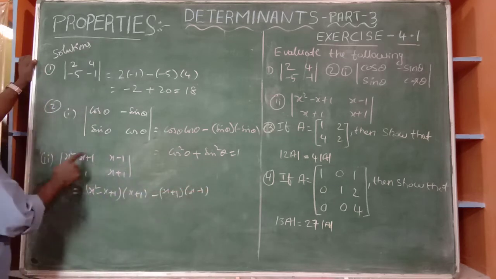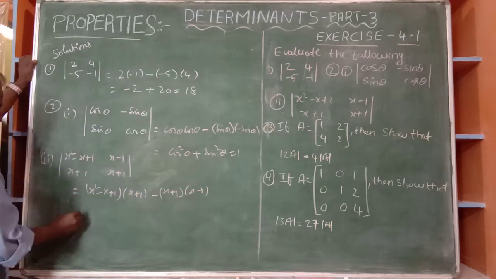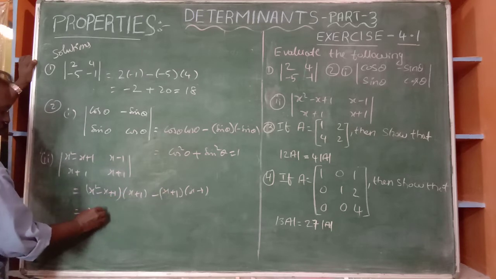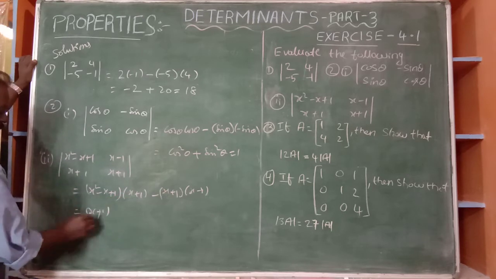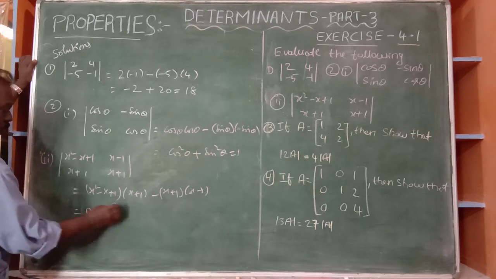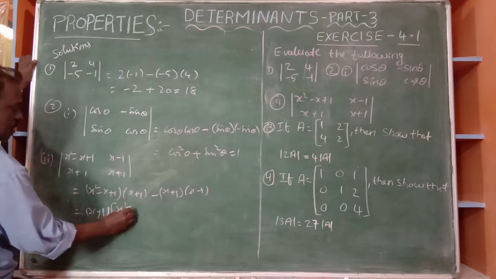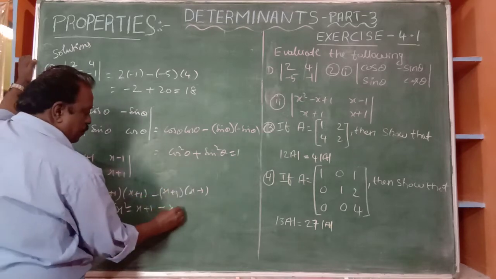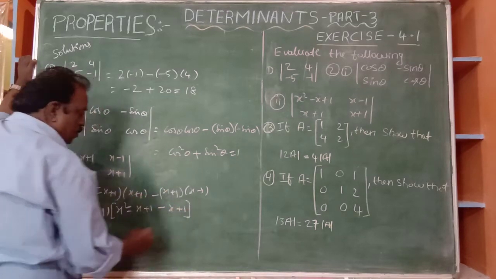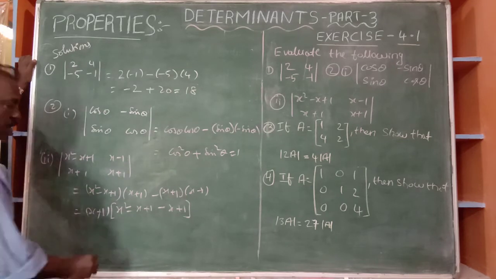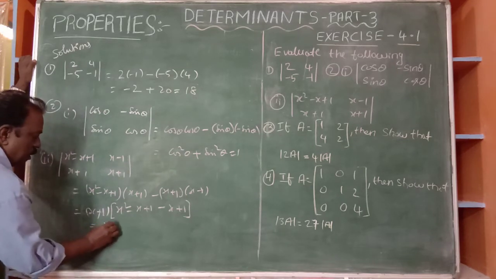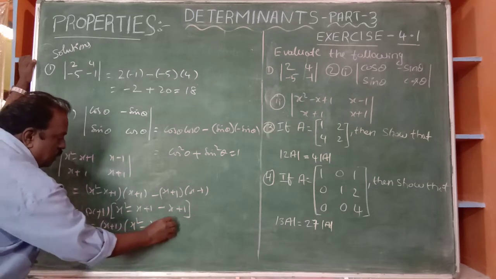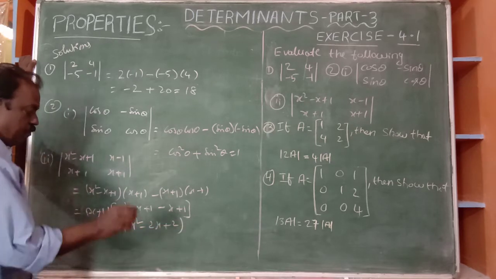A into D minus B into C. Here also x plus 1 is common. So we take x plus 1 as common. Then here it is x square minus x plus 1 minus x minus 1 is there. Now it is x plus 1 of x square minus 2x plus 2.